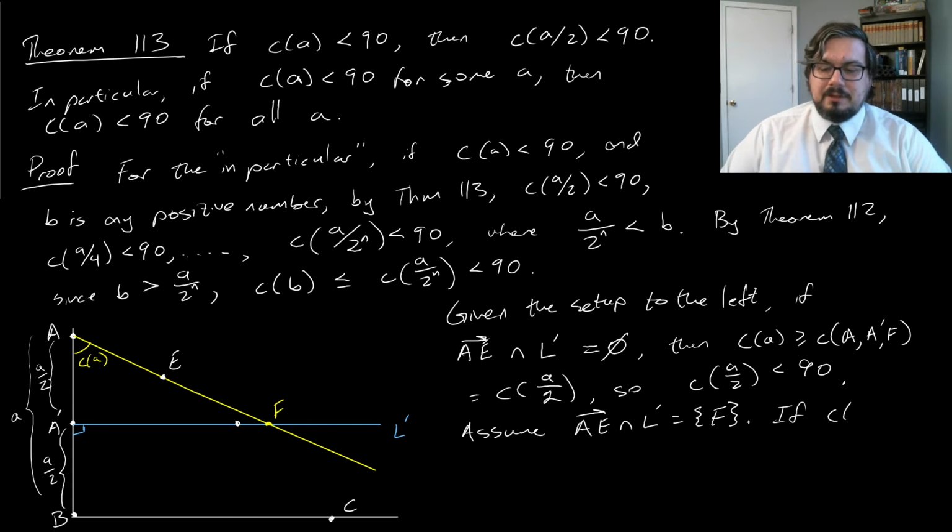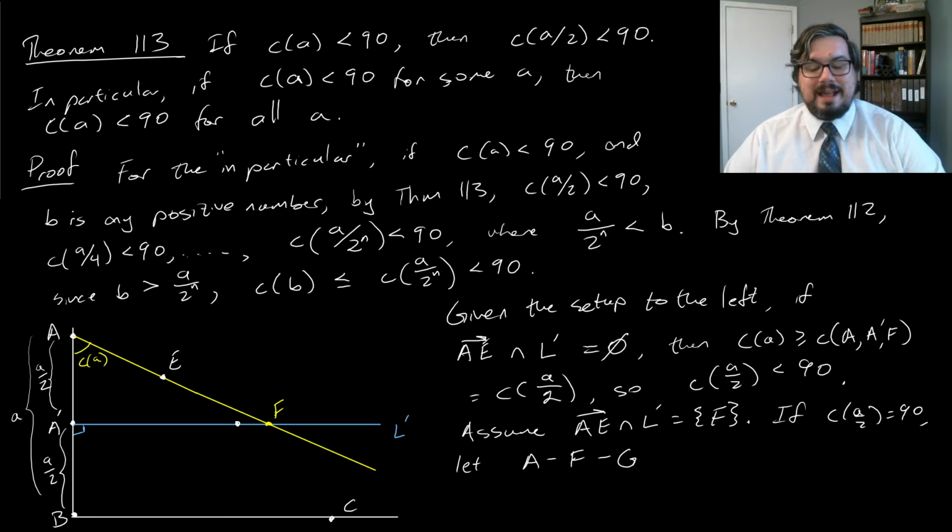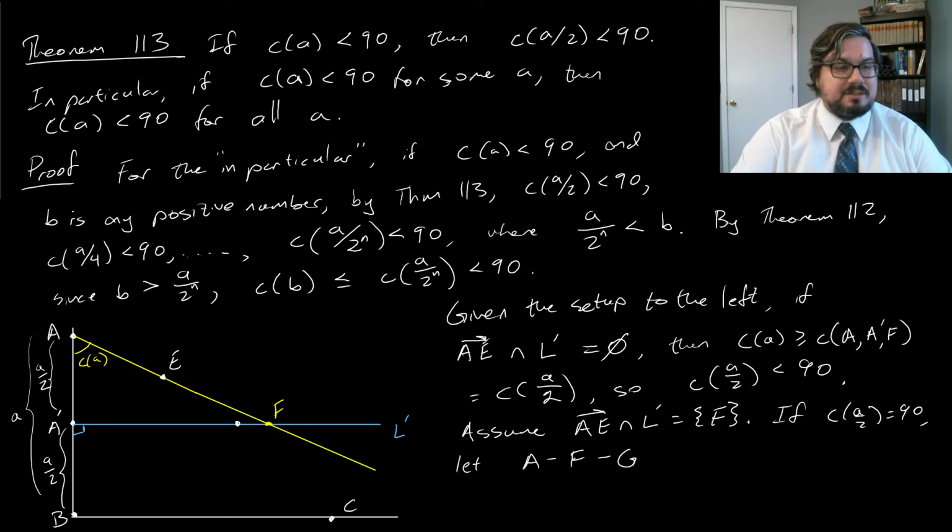So if the critical number of A over 2 is equal to 90, then let G be a point on the ray AF, which is on the other side of F.